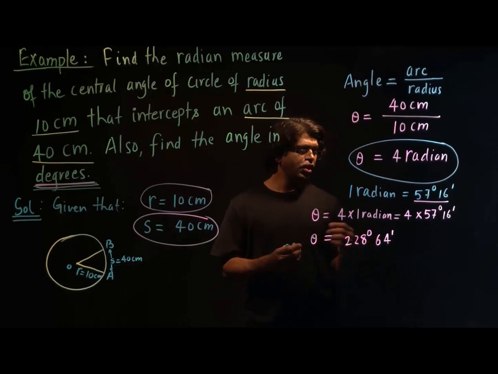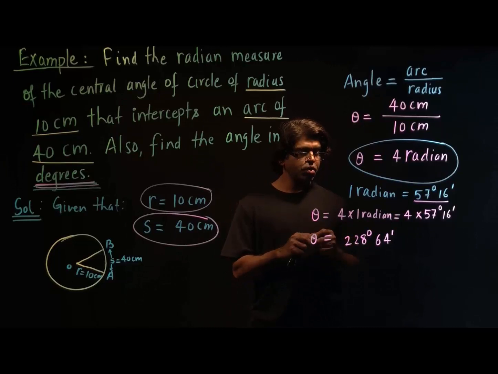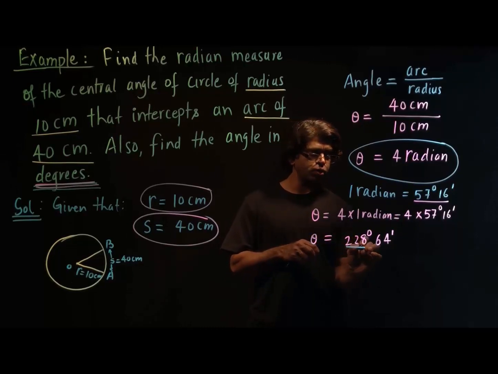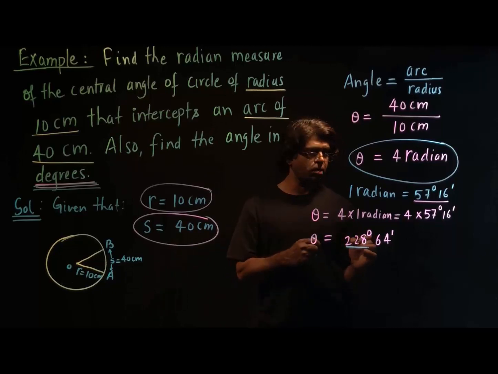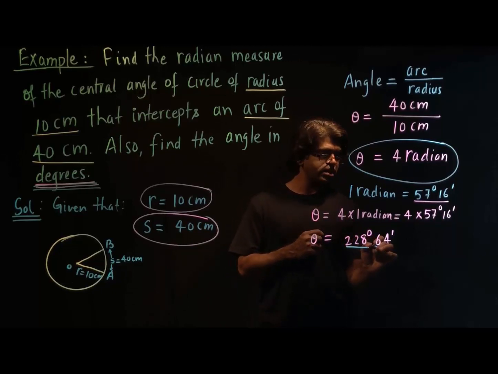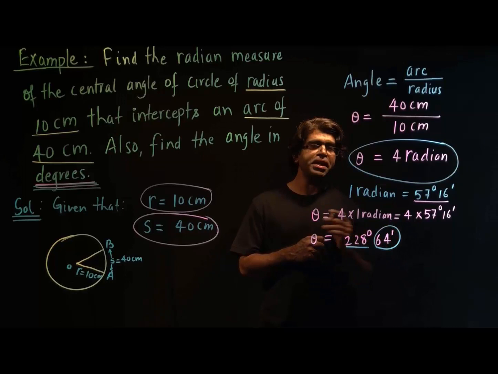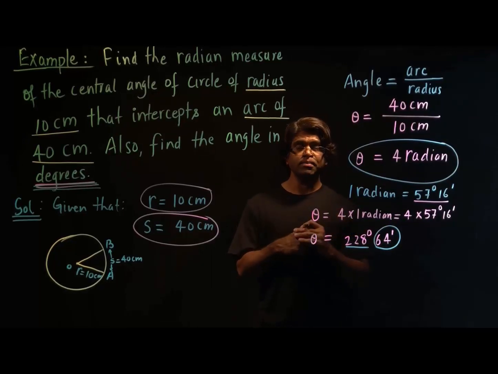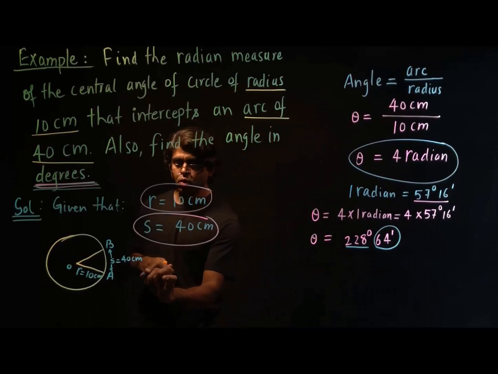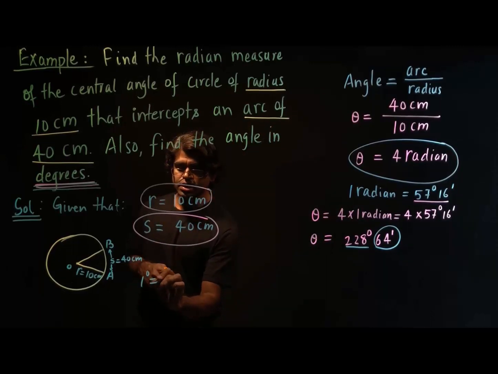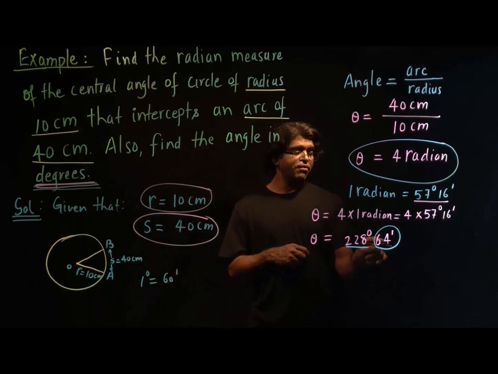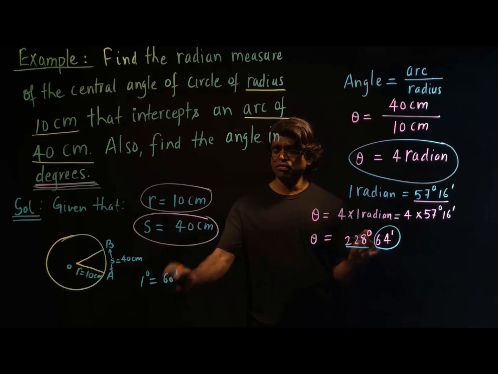Wait a minute. The value of the angle is 228 degrees, and this is perfectly alright. But the second part is 64 minutes. There is some problem over there. And what is the problem? The problem is 1 degree is equal to 60 minutes. So basically, we can convert 64 minutes in terms of degree.